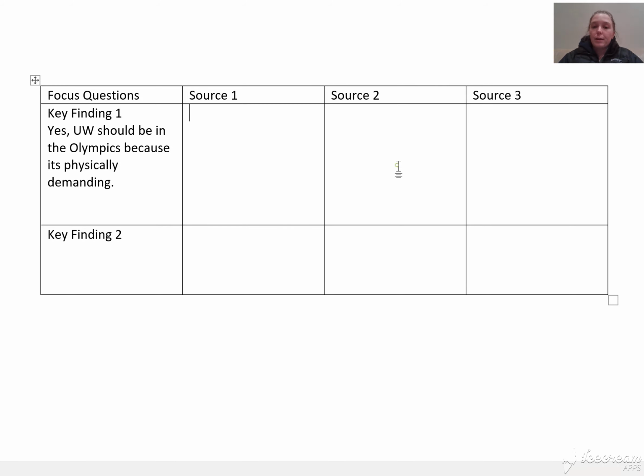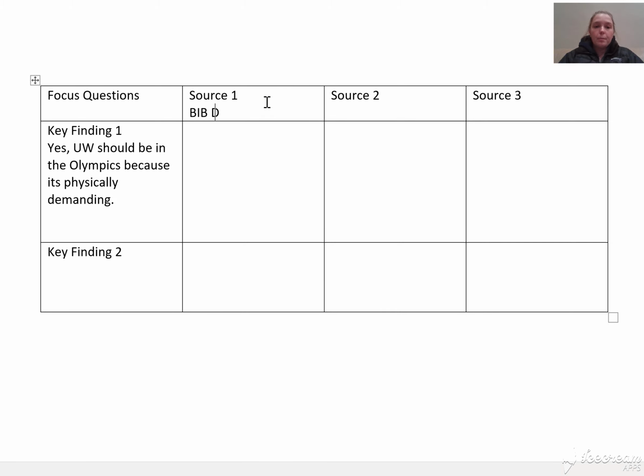And then I'd have my three different sources that tell me that argument. And I would make sure I have my bib details for those, and all the usual stuff. Then I have my little quotes for my summary, and hopefully you guys did this really well in the folio. So this is taking it, cutting it, and putting it into the right spot to make an argument.